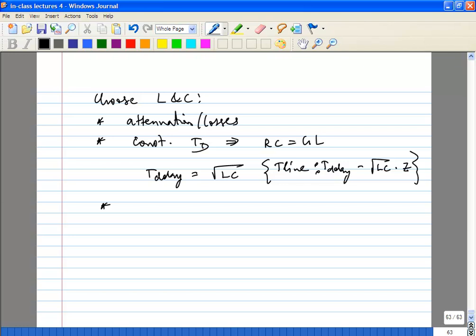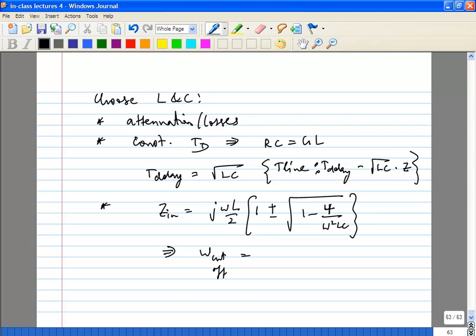So you can find an expression for the input impedance of your LC, and you can show that you actually have a cutoff frequency, which you can find when this term goes to 0. Beyond this, you can't use the transmission line. So this is one bandwidth limitation if you use lumped elements.